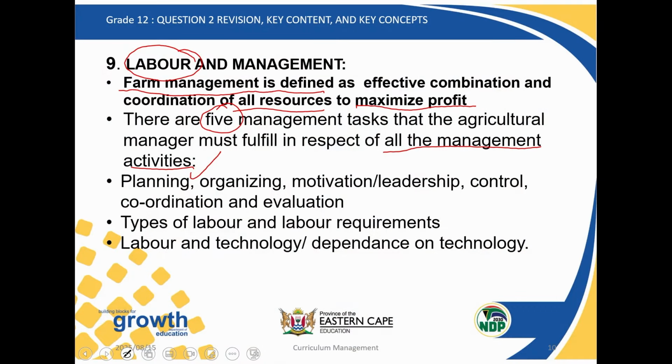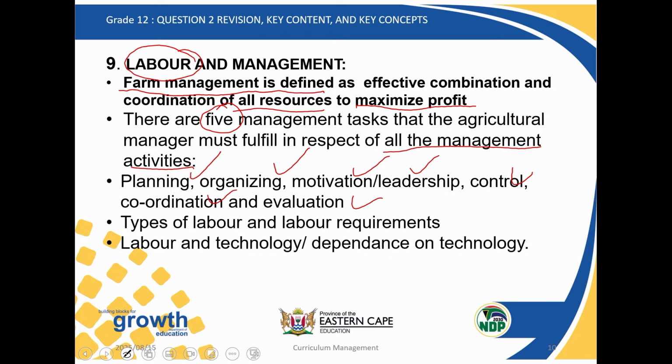Now, there are 5 management tasks that the agricultural manager must fulfill in respect of all management activities. We're talking about planning, which we've spoken about, organization on that farm, motivation of laborers and providing leadership, and you control, you coordinate, and you evaluate that production enterprise.